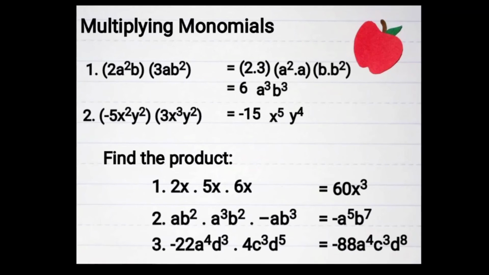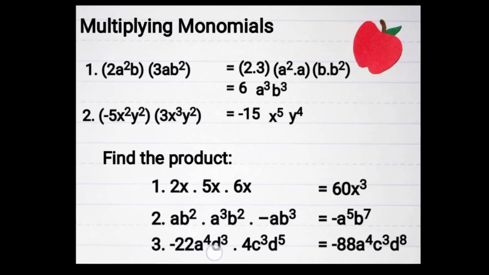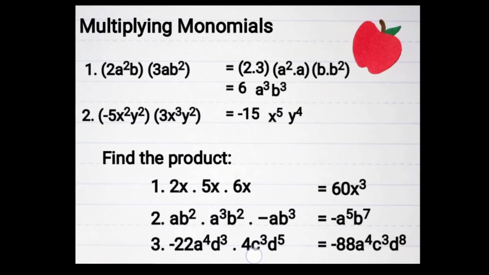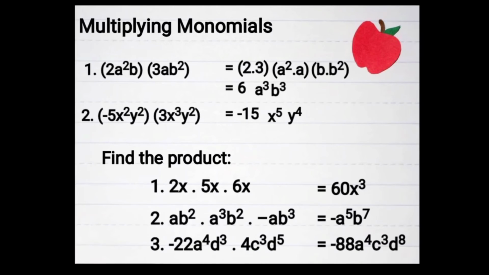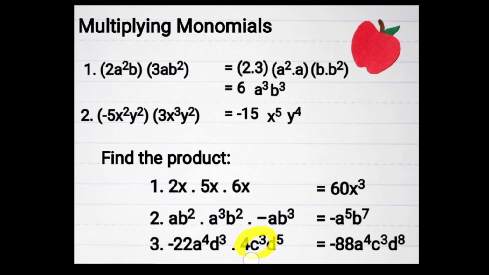Then, as you can see, we have here c and d. Let's simplify first the base c. Here we have c cubed, but here we don't have the base c. So copy this one, c cubed.